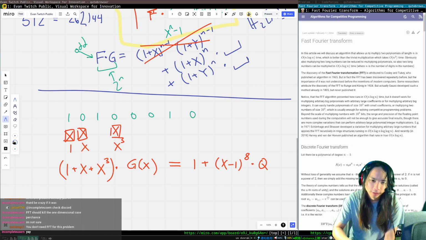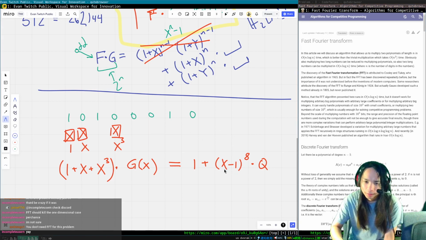Okay, what happens if I replace x with y plus 1? Then what I'm hoping for is this thing to have some inverse.